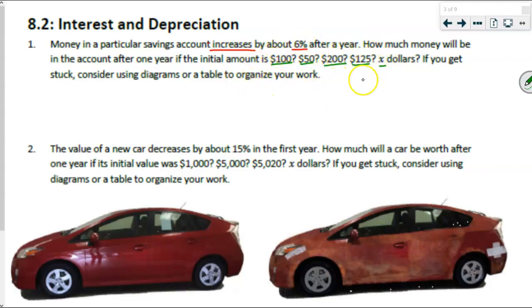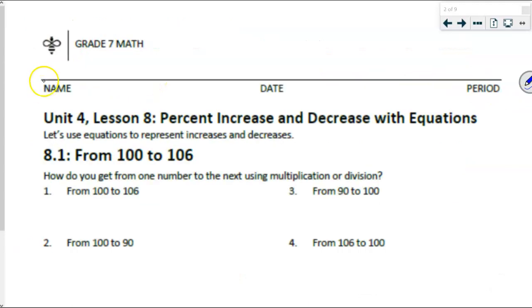We know that if we have 100% of our money, but then it increases 6%, we end up with 100% plus 6% is equal to 106%. 106% of what? Just like we wrote down here.